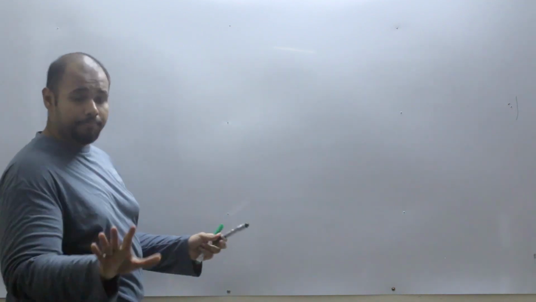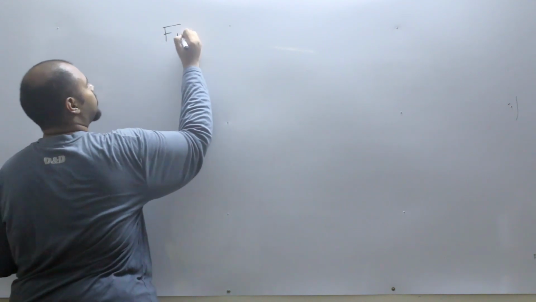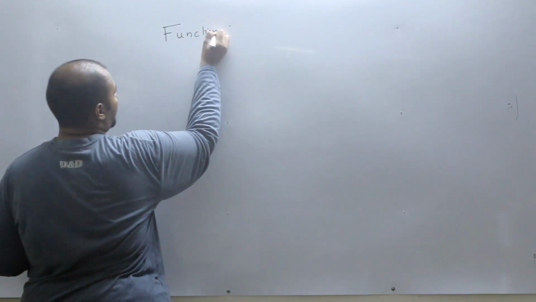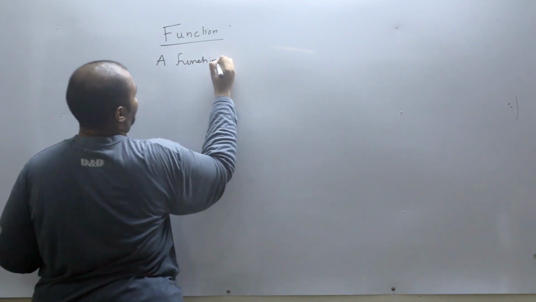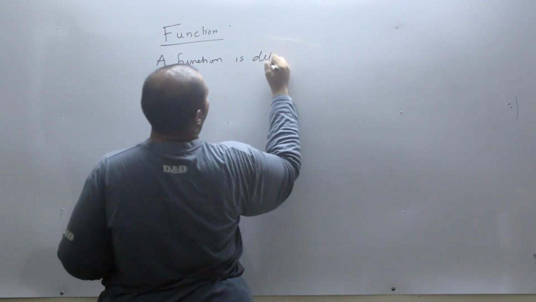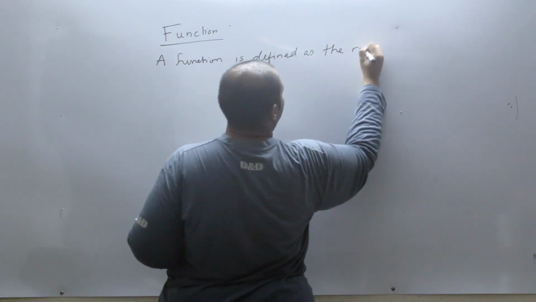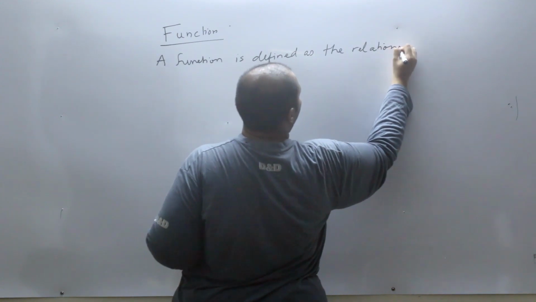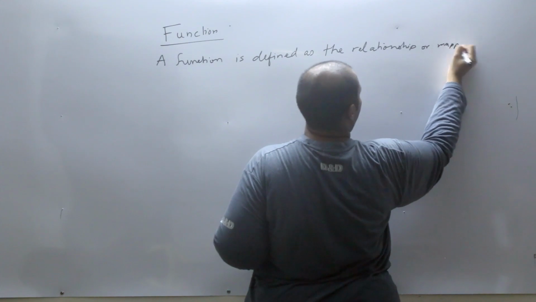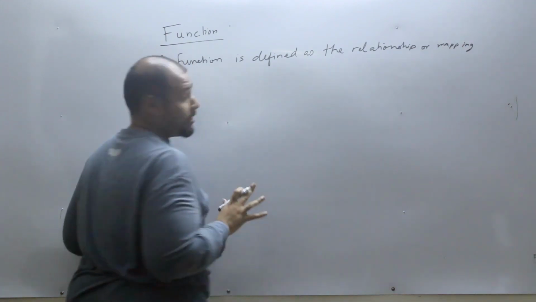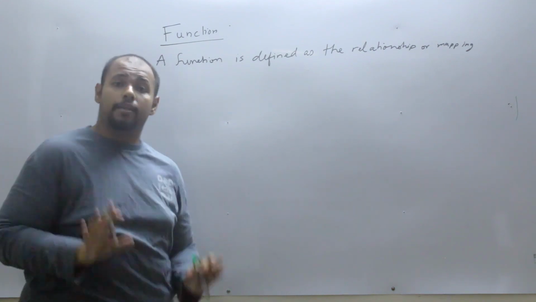Okay guys, so what is a function? A function is defined as the relationship, or mapping, between, this is the most important part guys, between an independent variable and a dependent variable.